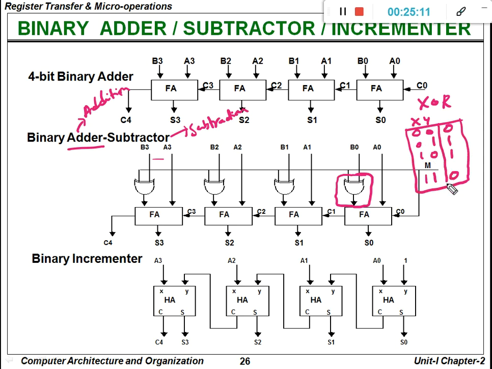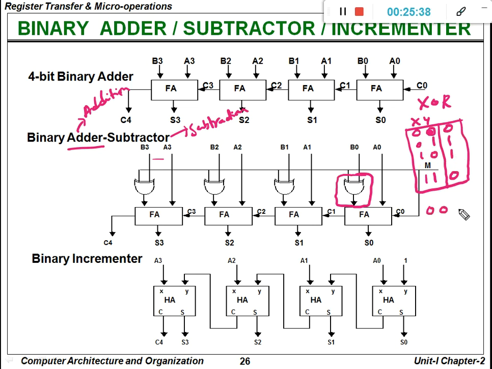Okay. So here, if you observe carefully, whenever the second value is 0, that is the y value is 0, we are getting the same number.